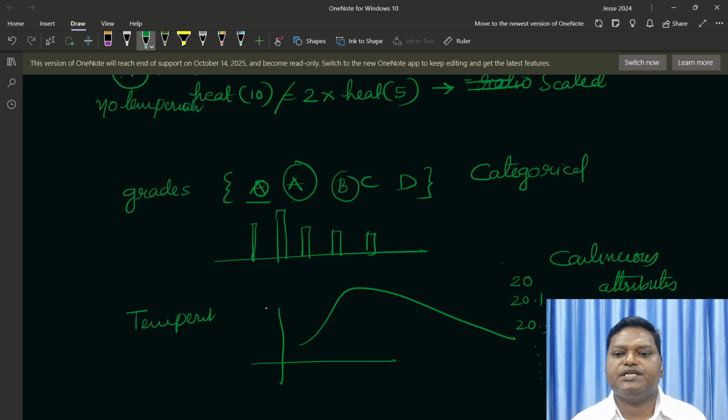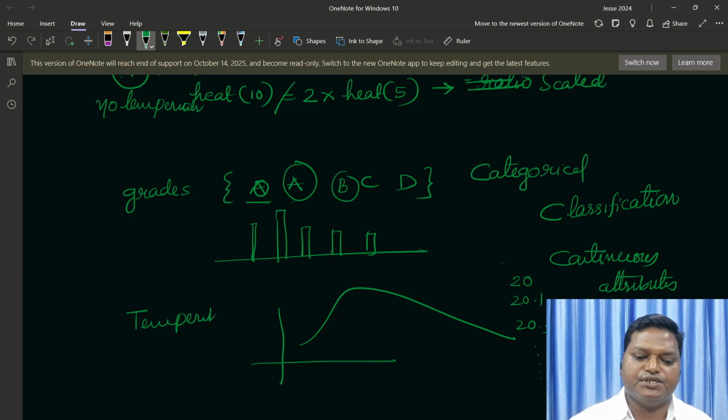In machine learning language, when we deal with categorical attributes, we call that a classification problem. And when we deal with continuous value prediction, we call that regression.